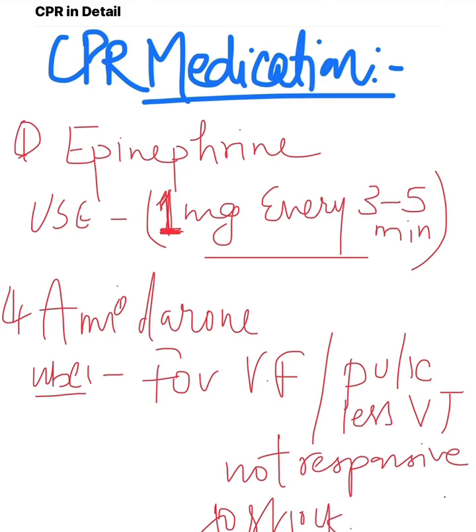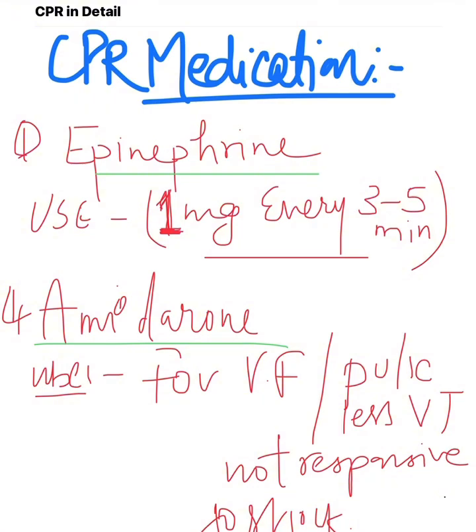First one is epinephrine, 1 mg every 3 to 5 minutes. Second one is amiodarone, used for ventricular fibrillation and pulseless VT that does not respond to shock.